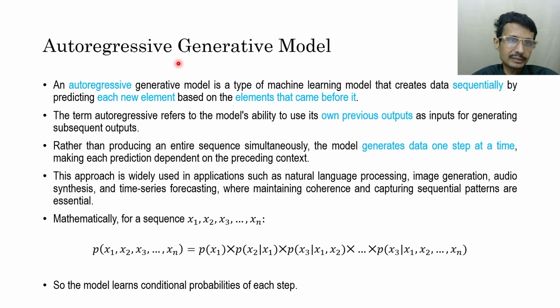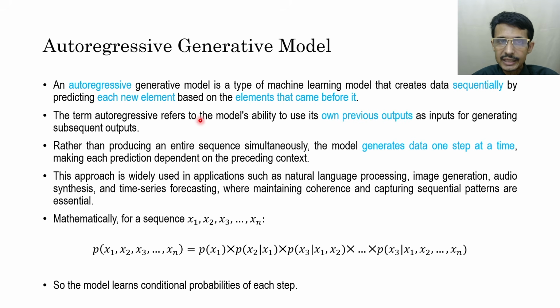Our next model is the autoregressive generative model. What do you mean by autoregressive? An autoregressive generative model is a type of machine learning model that creates data sequentially by predicting each new element based on the elements that came before it. And that's why it's called that.